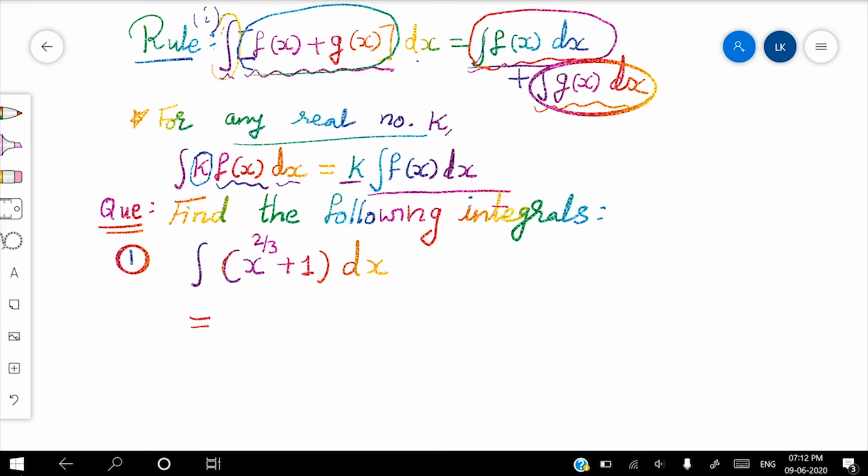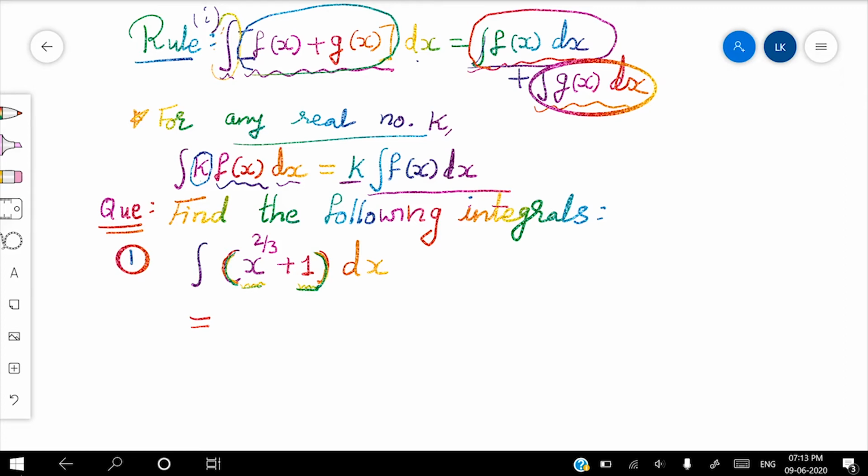Integral of, you have given in bracket. Why is there an importance of the bracket? Because here there are two functions. First is x raised to 2 by 3 and second is the constant function 1. And you have given the addition of two functions.